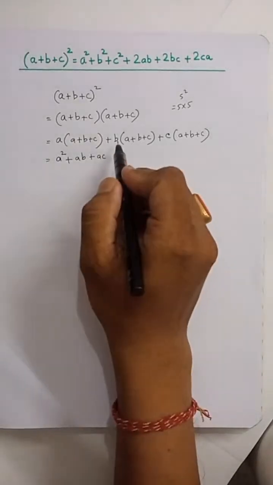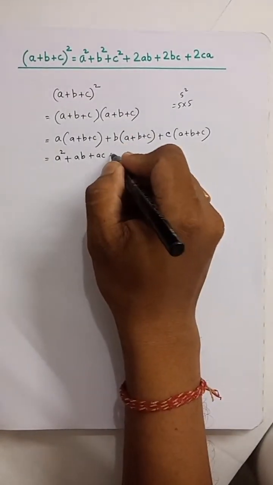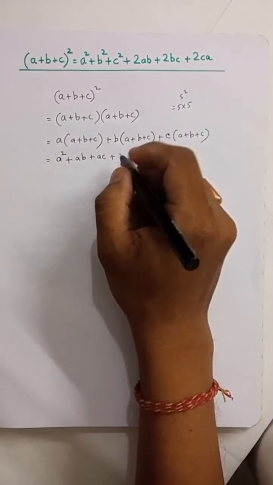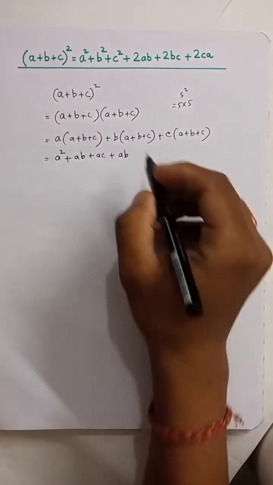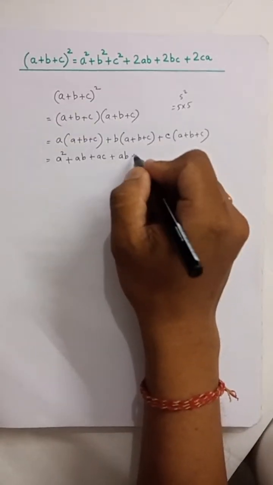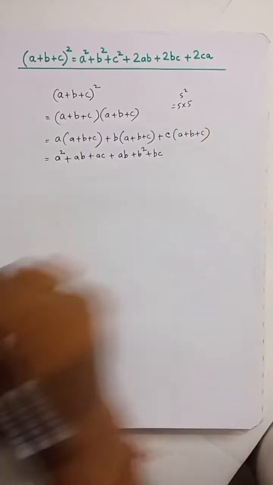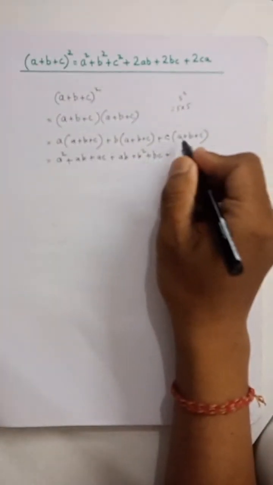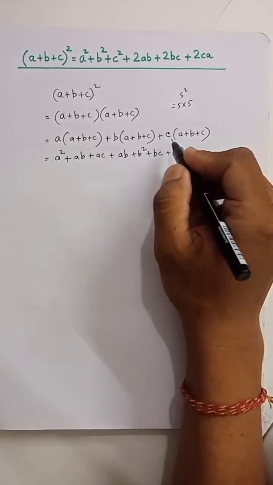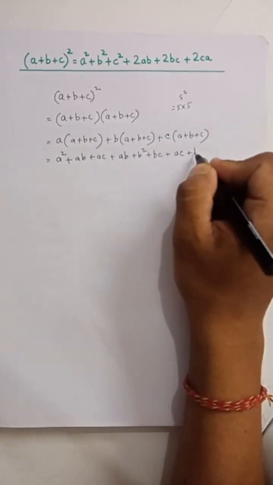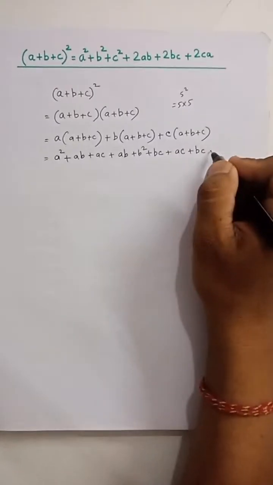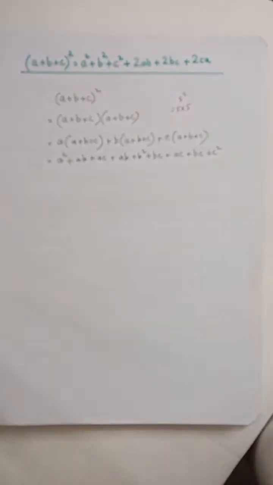Then we have b into a, so I am just going to write it as ab. Then b into b is b squared and b into c is bc. Then c into a I will write it as ac. c into b I will write as bc and c into c is c squared.